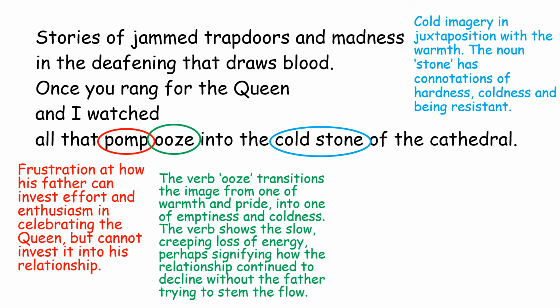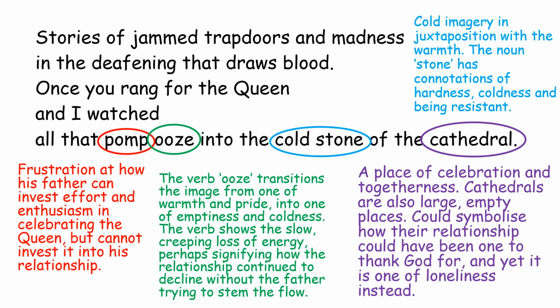The final word of this stanza is the word cathedral, and if we think of the imagery of cathedrals, we often think of cathedrals as places where people can get together and they can celebrate major achievements in life, from weddings to christenings, and perhaps even celebrating someone's life for a funeral.